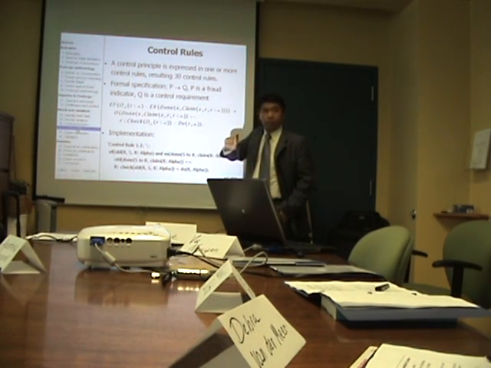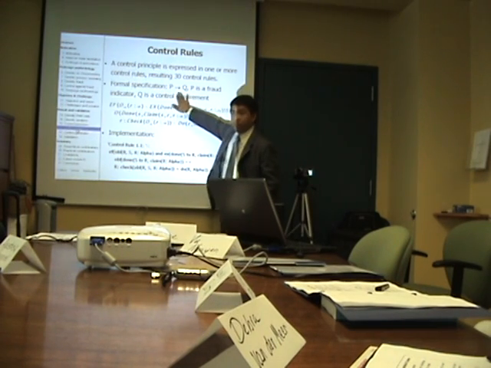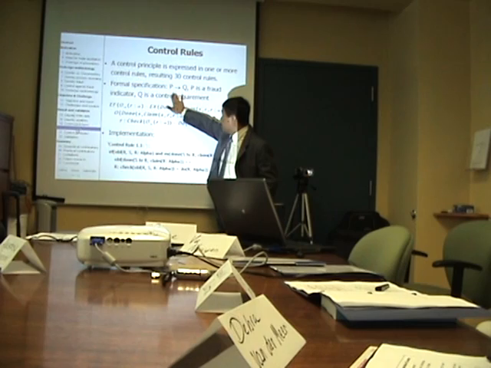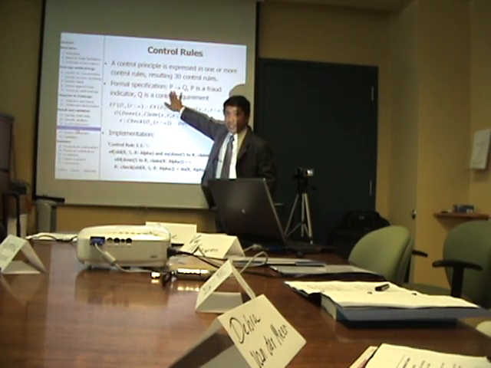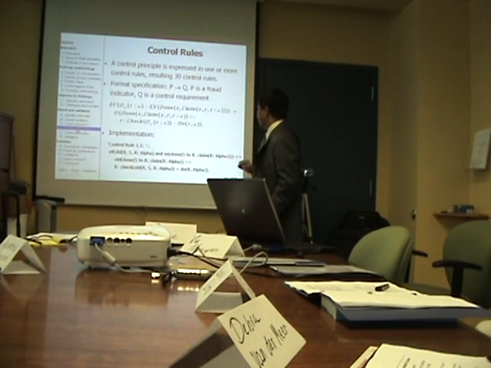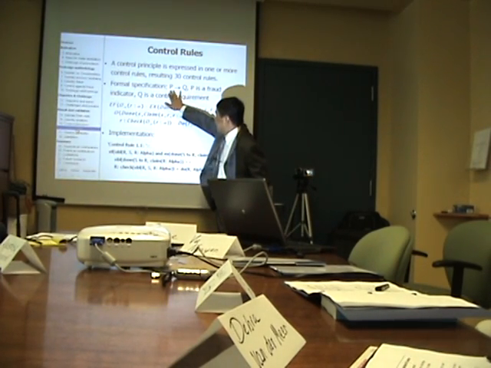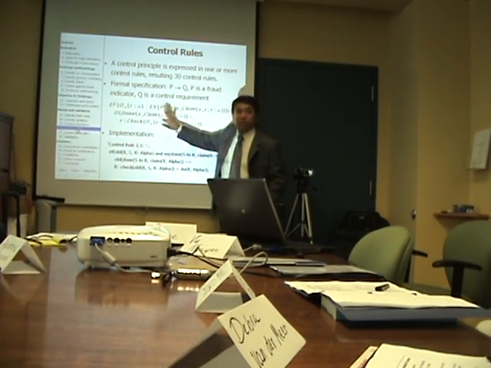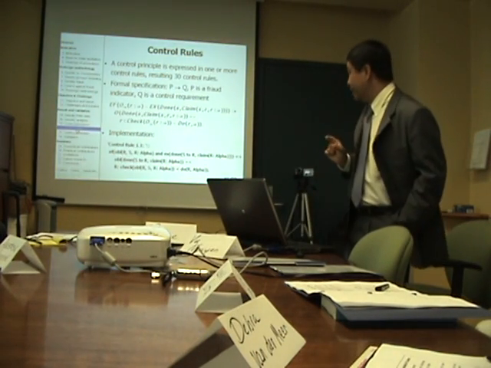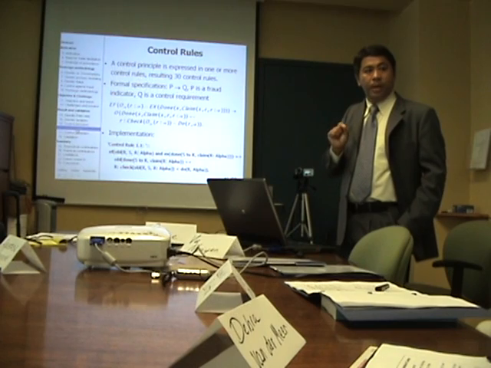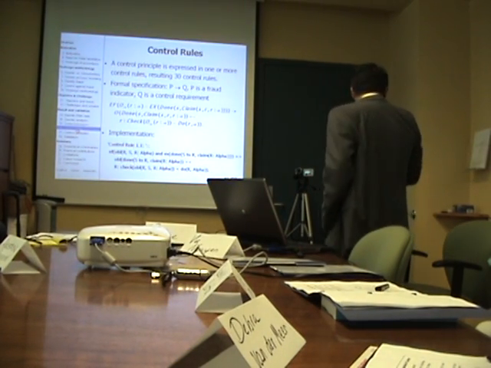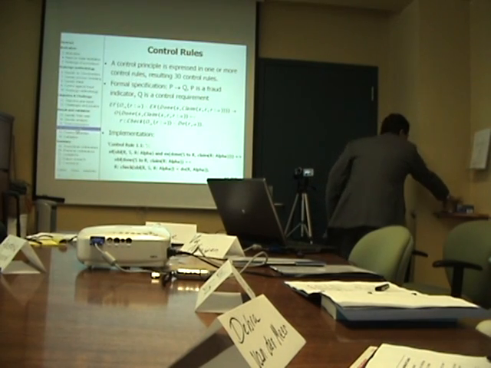In general, the control rule is in the symbol form of P implies Q, where P is the fraud indicator and Q is the control requirement. The fraud indicator here is represented as a formula of temporal logic. More specifically, it is in the form of a branching time temporal logic called computation tree logic, CTL.